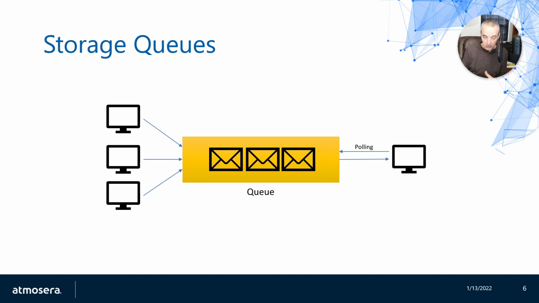And if it doesn't work, it's really easy to change an application from using storage queues to using something like Service Bus, and vice versa. You can pretty much swap the two out with very little pain if your application is well factored, that is.